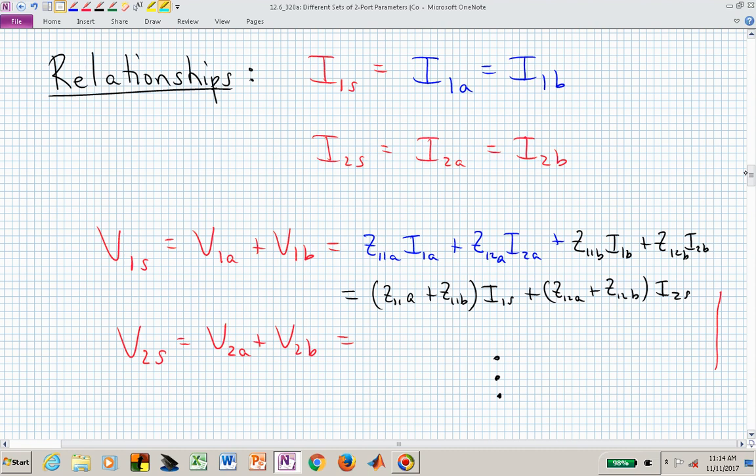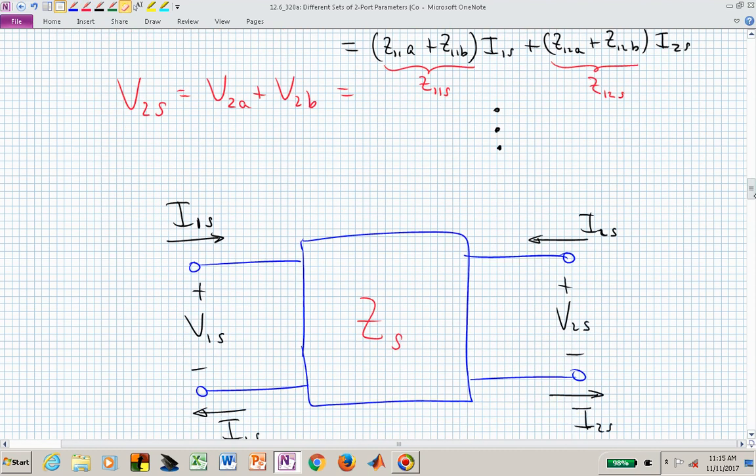That now gives us really a series combination for z11 in the big one, in z11 of s. So if you wanted to think of it, this is now z11 of s. This is now z12 of s, or the series combination. We could do exactly the same analysis with v sub 2 sub s, and we would find the same relationship.